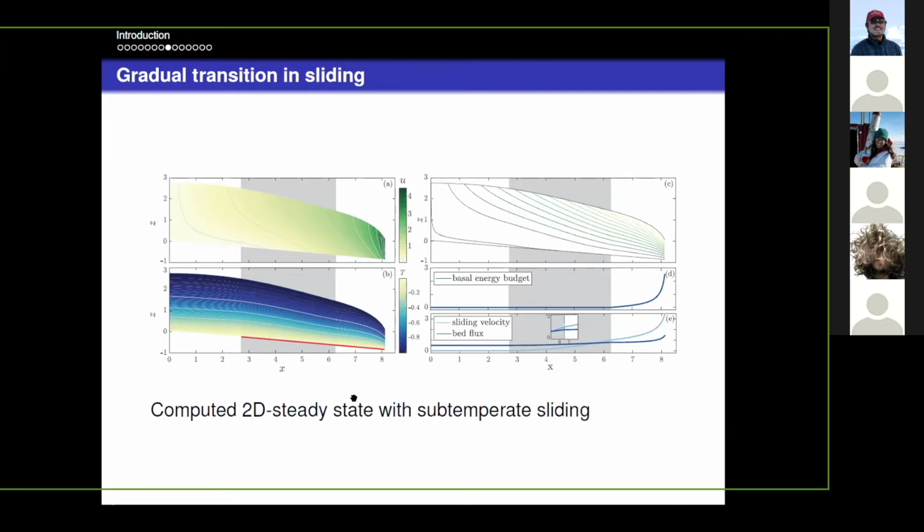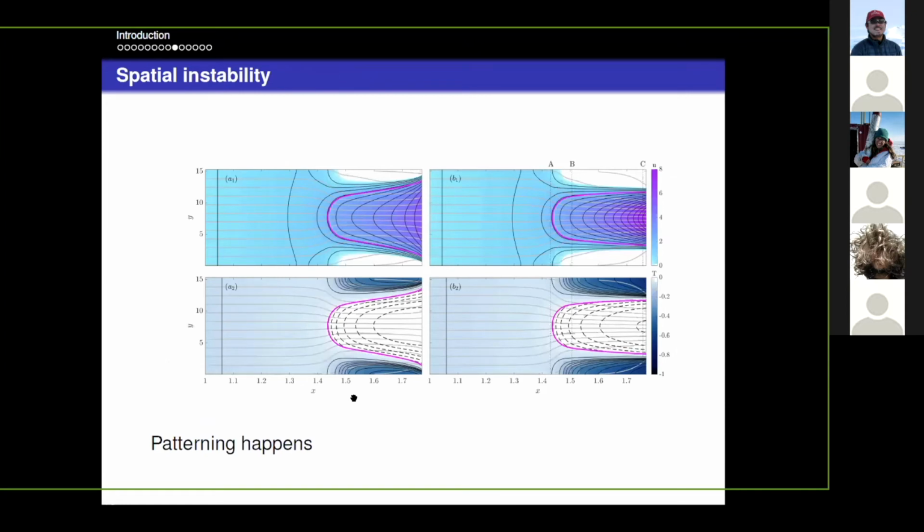So the next picture you'll see here is confusing. You're looking down at the ice sheet, and in particular looking down at the ice sheet bed. And there are 2 calculations, one left-hand column, one right-hand column. In the left, basal velocity is shown in colors and in contour lines, with the flow going from left to right.